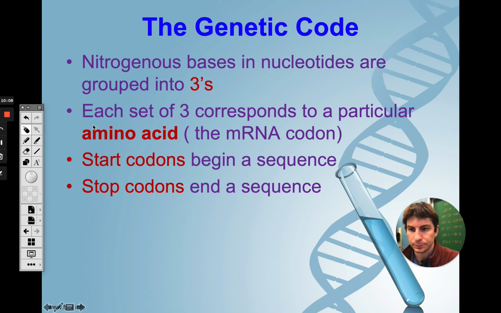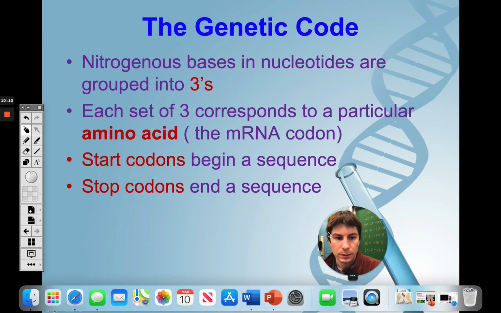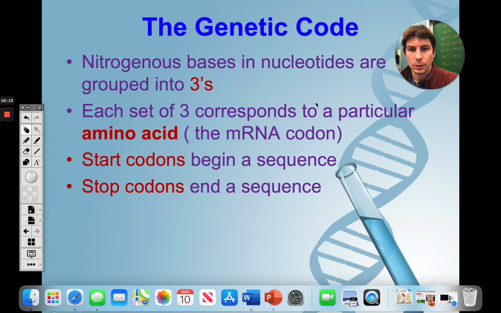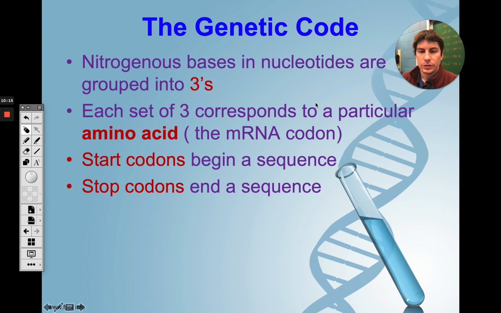Okay. All right. So when we are doing our mRNA, we are going to use 3 bases, so like an A, a U, and a U, in order to get the amino acid.